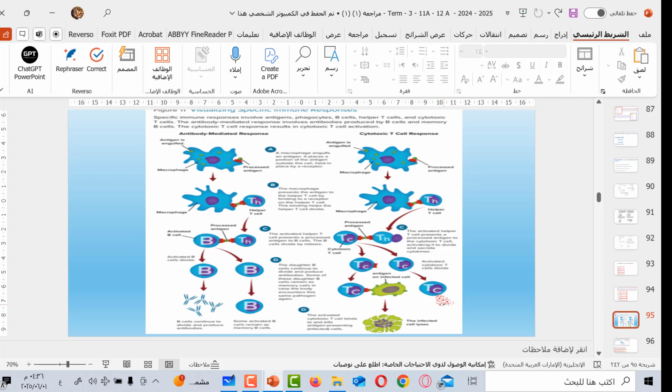And the other one gives us killer T cells, which go to the cells already infected by the antigen or the pathogen and kill these body cells.